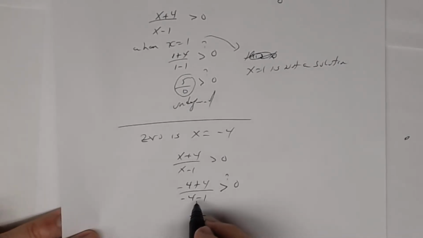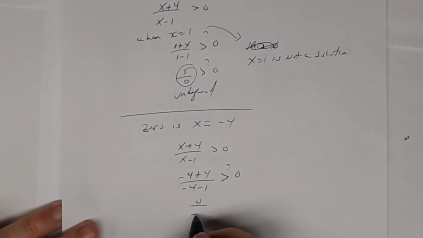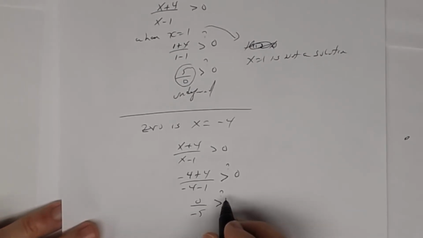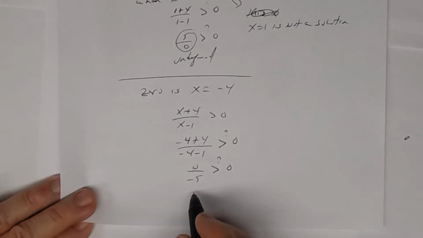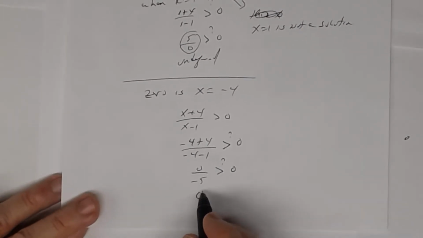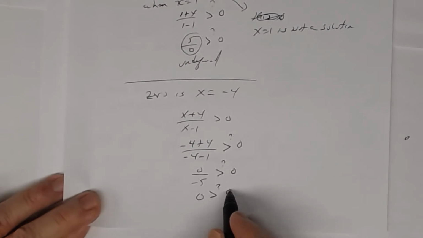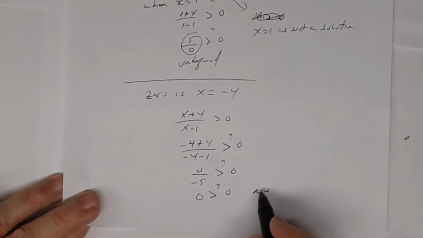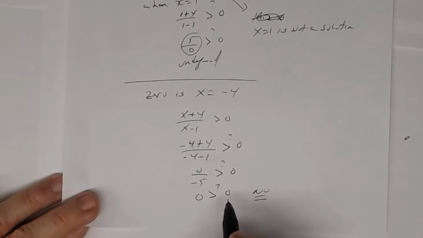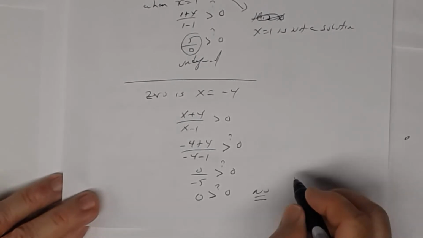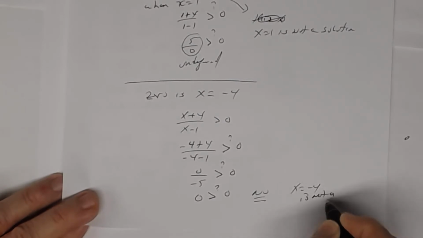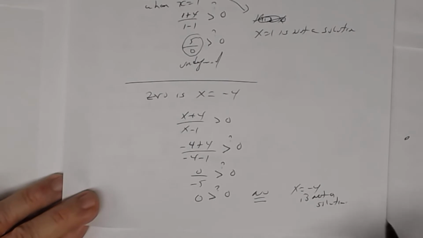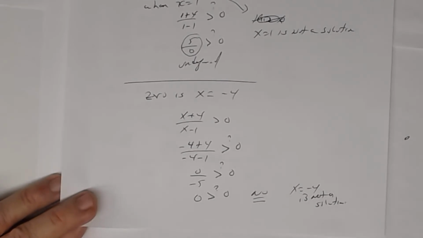And then in the denominator, -4 minus 1 is -5. And so the question is, is this greater than 0? Well, 0 divided by -5 is 0. Now, be careful. Is 0 greater than 0? And the answer is no. 0 is not greater than 0. 0 equals 0, right? So what that means is that x equal -4 is not a solution.